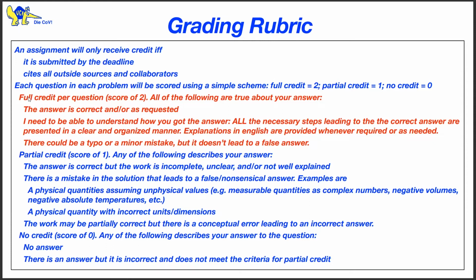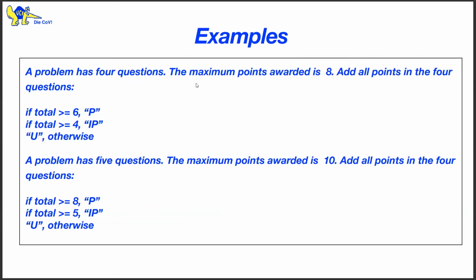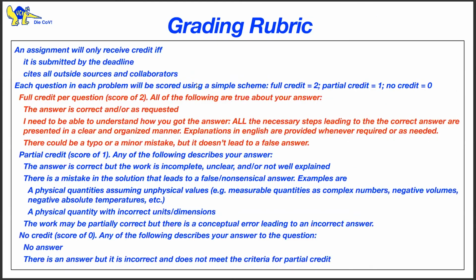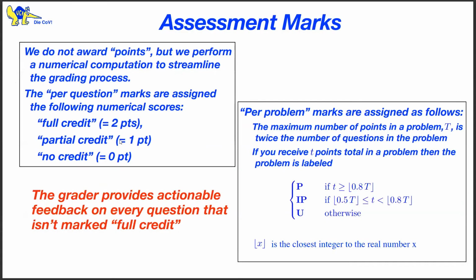So you tally these credit, no credit marks in a particular way, and then you get a mark of pass, in progress, or unsatisfactory for the whole problem. And this, as I said, is what the students take to get their final grade.